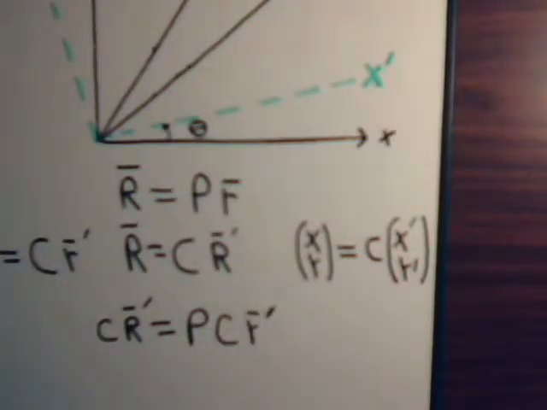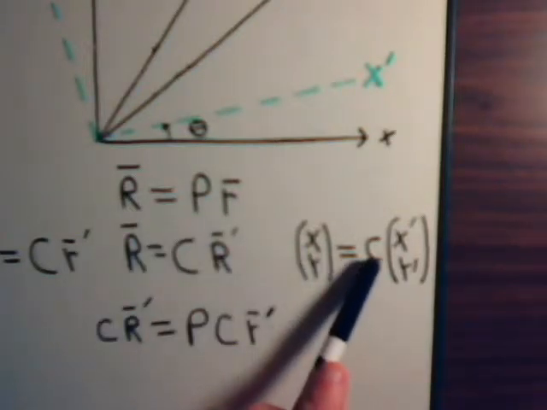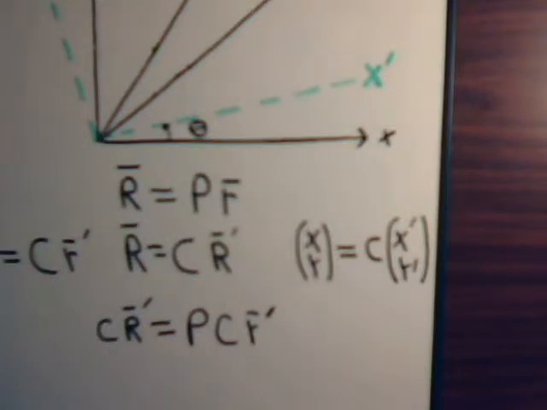And again, both matrix P and matrix C have to be non-singular matrices. They have to have unique solutions. Otherwise, you wouldn't have any one-to-one correspondence.